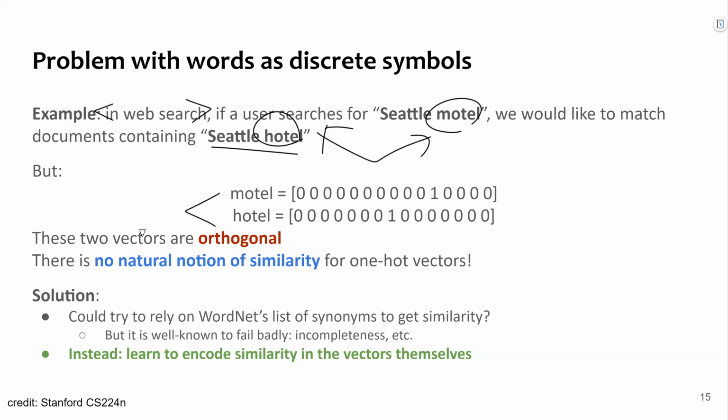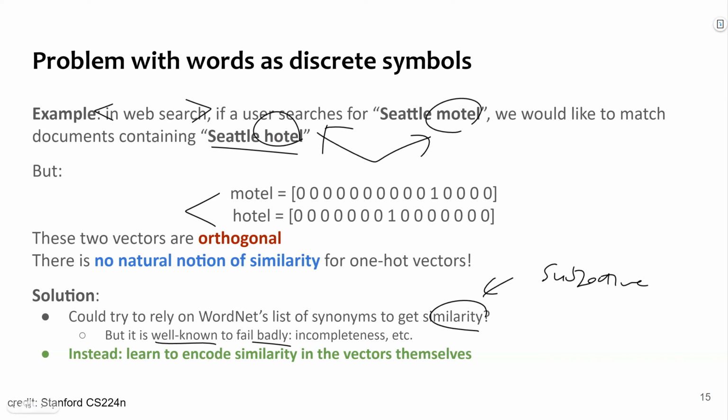The solution might be to try to rely on WordNet's list of synonyms to get similarity. However, it is very well known to fail badly because, as I told you, WordNet is subjective and it cannot contain all words.